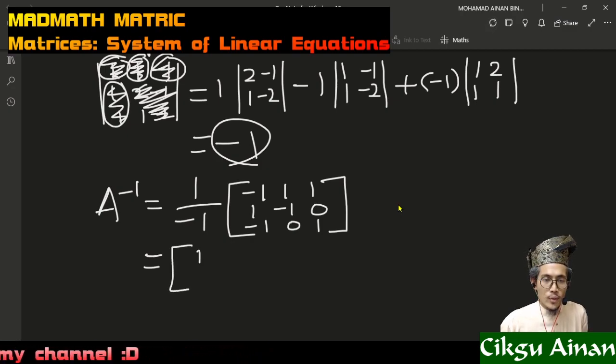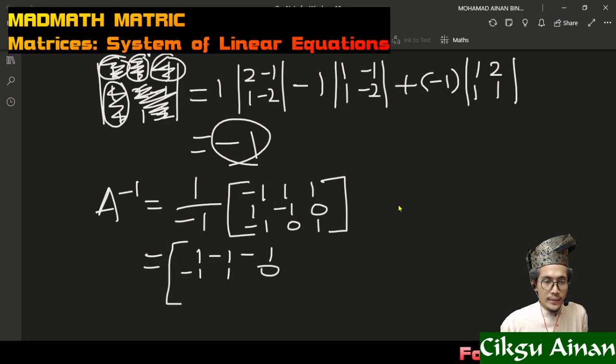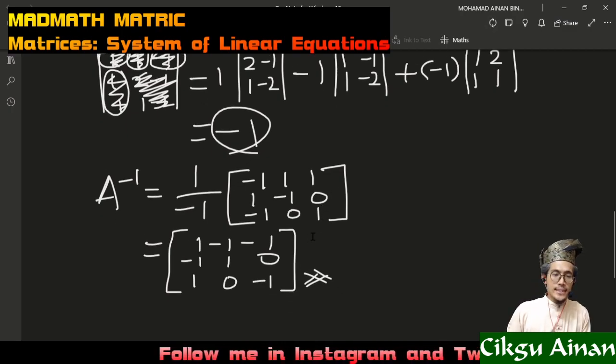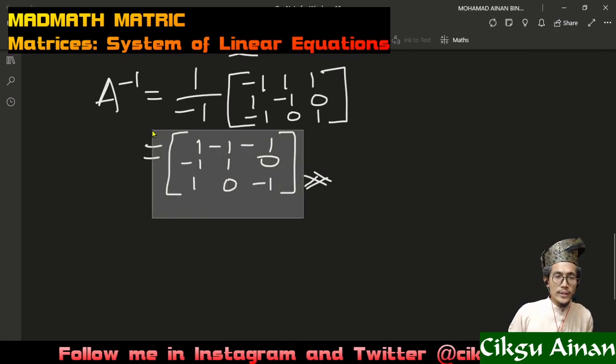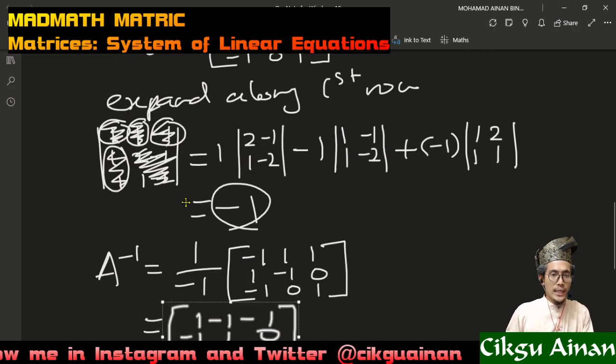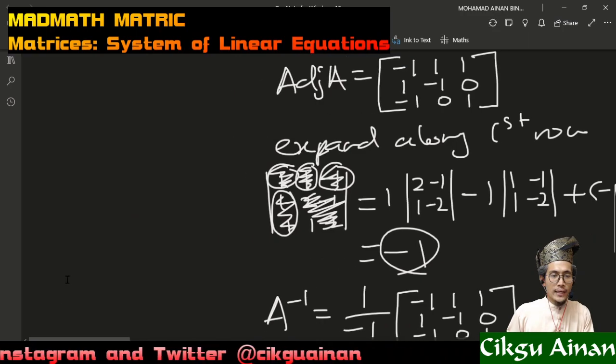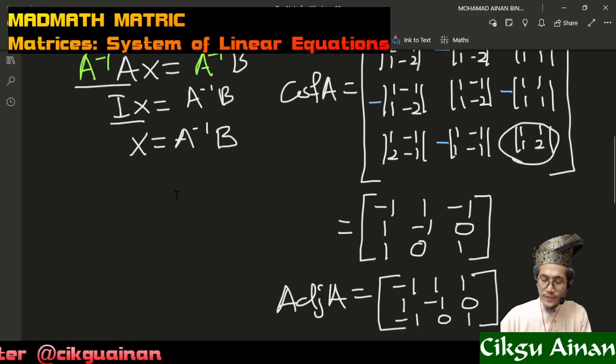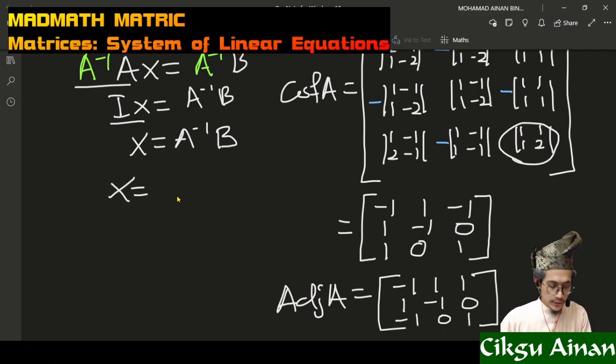So what we get is 1, minus 1, minus 1, minus 1, 1, 0, or maybe I make this bigger. 0, minus 1. Yes, that's better. So this is the inverse. What to do with the inverse? Copy paste and bring it over here, because we want to use A inverse over here. So this is X equals, I paste it over here.